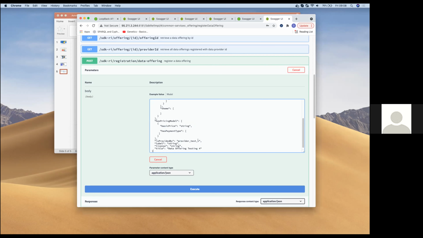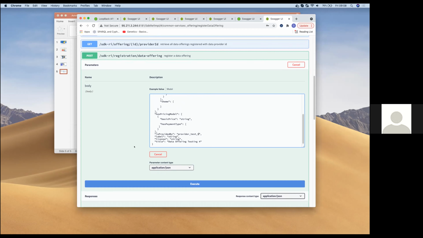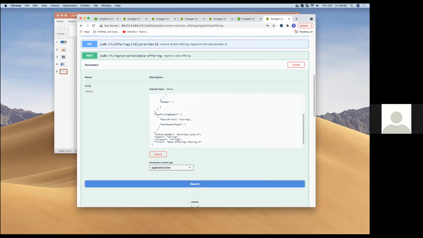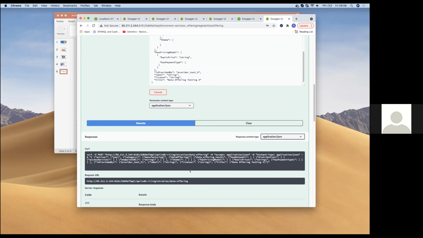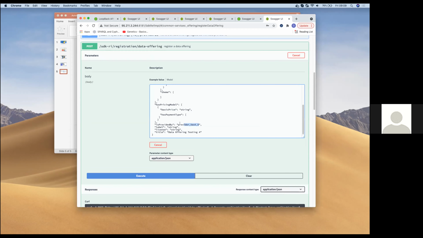Here I have the template of the offering. I didn't fill out all those parameters, but some of them. Here, in "provided by," I had to provide the provider ID, which was provider 5. When I click, we have registered a data offering with this provider.